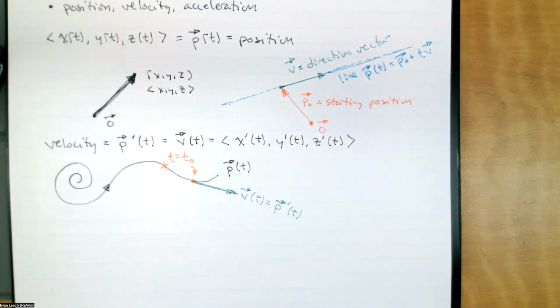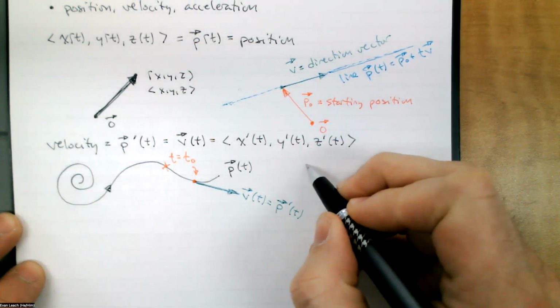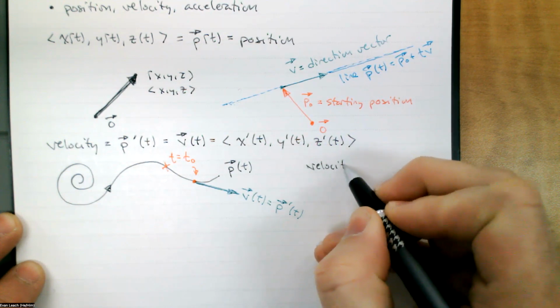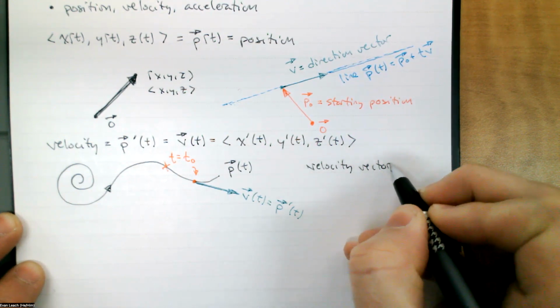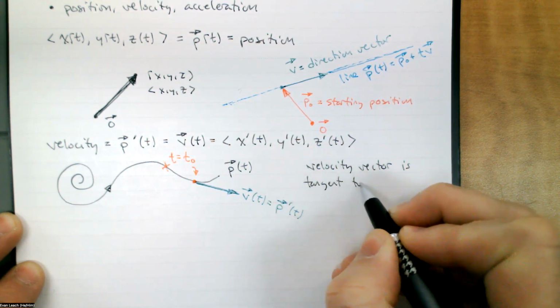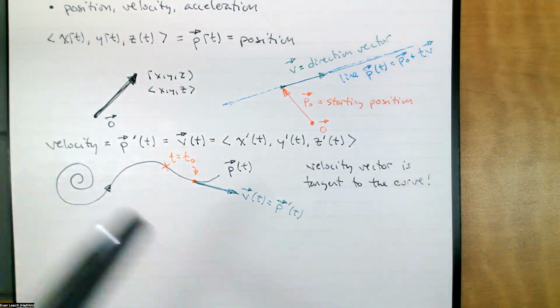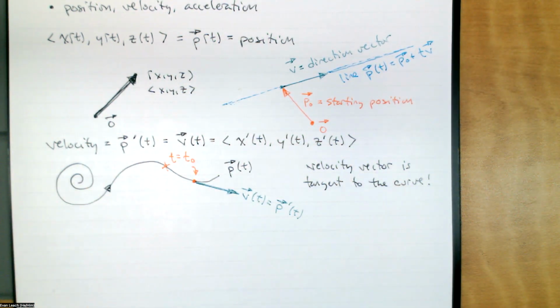So at each point, the velocity vector is tangent to the curve. It's just going to tell us the same thing it's always told us. Which direction is the function headed? Velocity vector will be tangent to the curve.